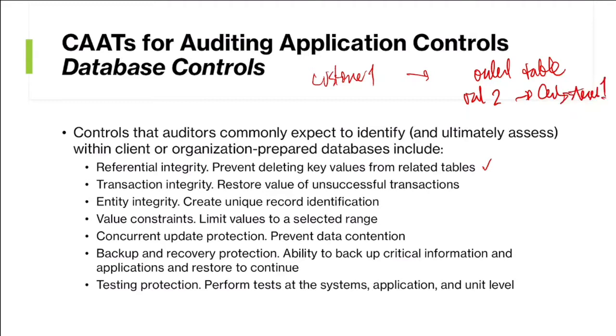We should not be able to delete customer 1 as long as there is an existing order made by customer 1. Transactional integrity restores the value of an unsuccessful transaction. All those invalid should be available in logs.